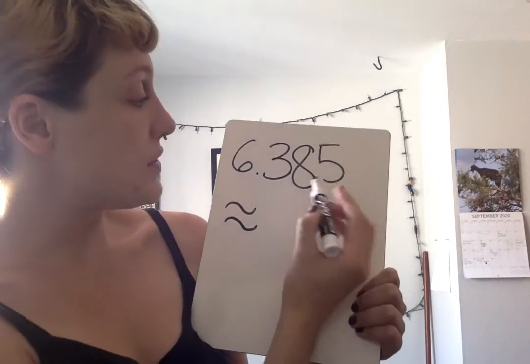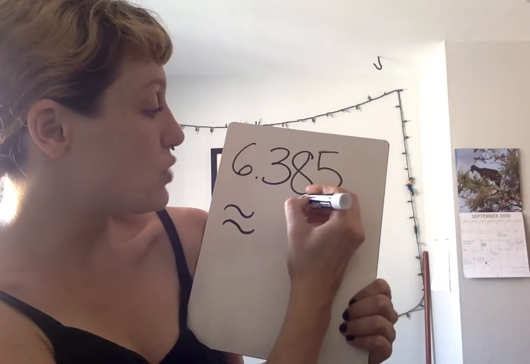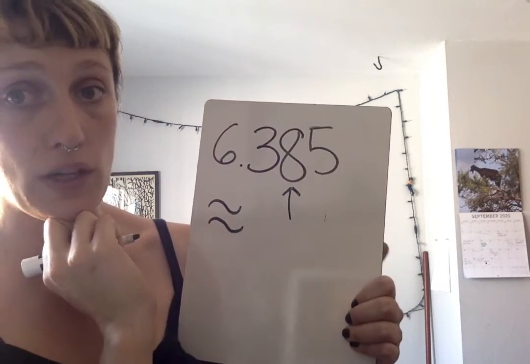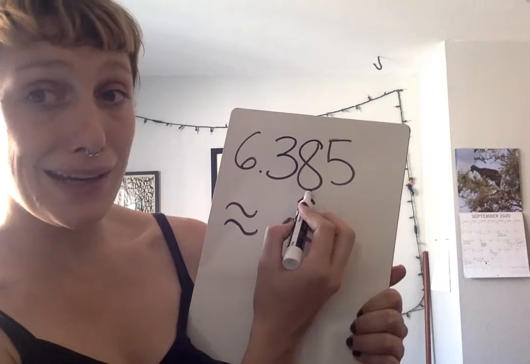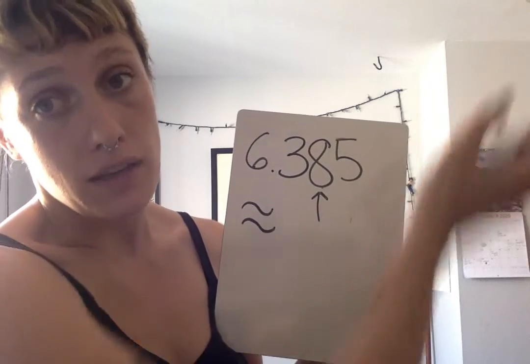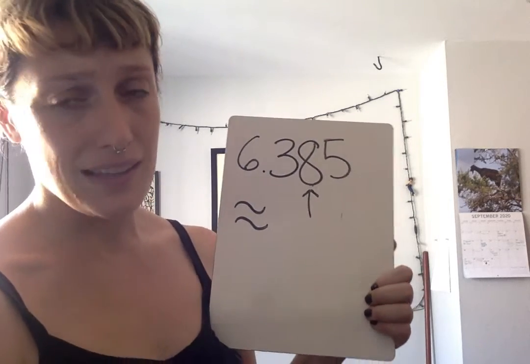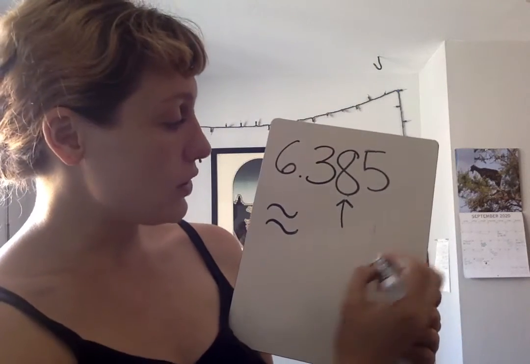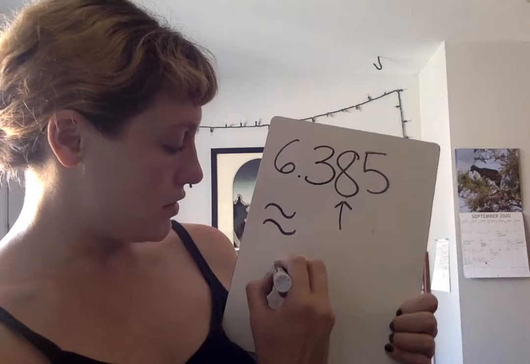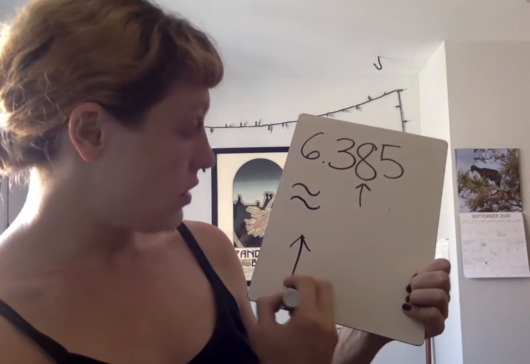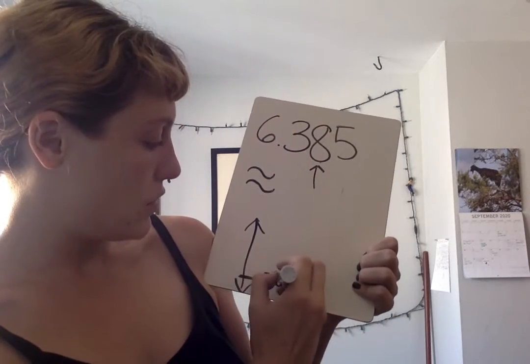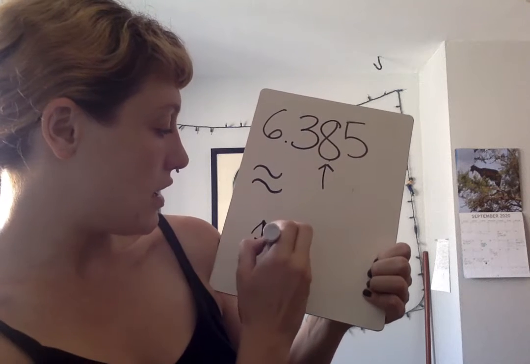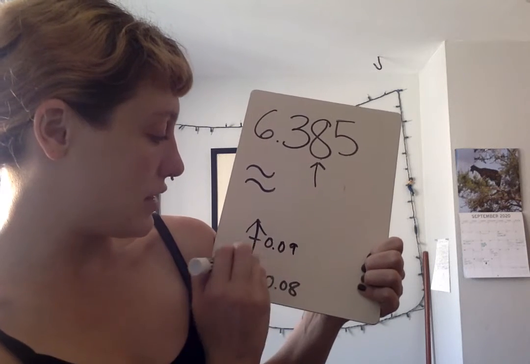Okay, so this time we're rounding to the nearest hundredth. That's the place value in question. Are we going to stay at 8/100ths or bump up 1 to 9/100ths? And to figure that out, we're going to look at our thousandths. If we were having a vertical number line for this, remember, our low endpoint would be 8/100ths. Our high endpoint would be 9/100ths.